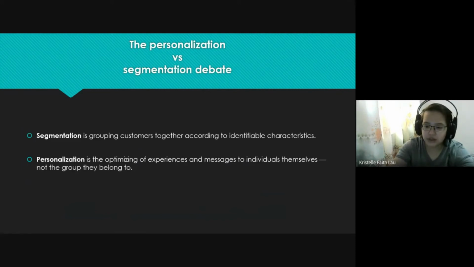Then this personalization set is the optimizing of experiences and messages to individuals themselves, not the group na ilahang i-belong. So, individual. So, ang segmentation kay ginag-group nimo siya while sa personalization kay individual lang. So, plus, the introduction of artificial intelligence or the AI and even ang mga machine learning algorithms means it is now possible na ma-predict na to ang website visitors like of products, mga categories and brands based sa ilahang similar users behavior.